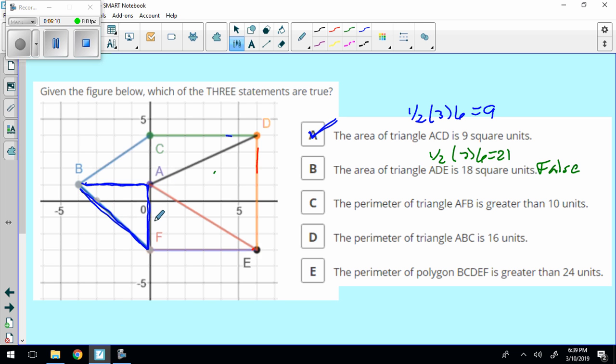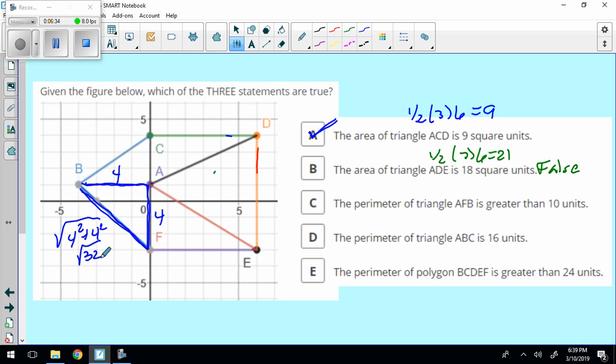Well, AF is 4. AB is also 4. And since it is a right triangle, this last side is going to be the square root of 4 squared plus 4 squared, which is the square root of 32.